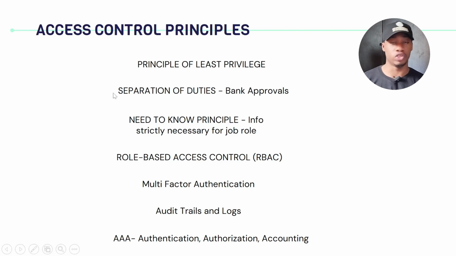Then there's separation of duties. The reason it is difficult for money to just be stolen in banks or these financial institutions is because of separation of duties. For example, in bank approvals, if I go to the bank and tell them I want to transfer some money, maybe 1 million naira or 2 million naira, something very huge, there are approval processes.